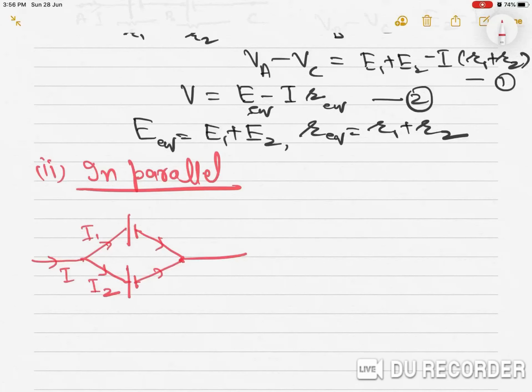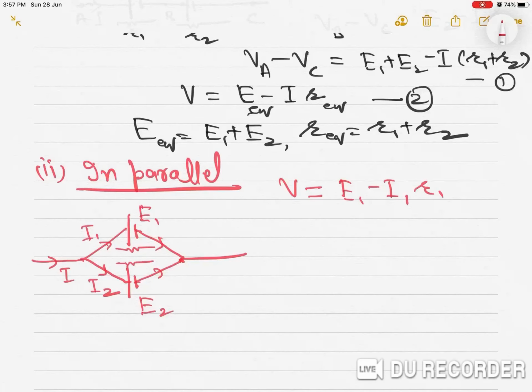Potential difference is same because they are in parallel. So, let the potential difference be V. The EMF of the first cell is E1 and of the second is E2. Internal resistance of first is r1 and of second is r2. So, V is equal to E1 minus I1 r1.